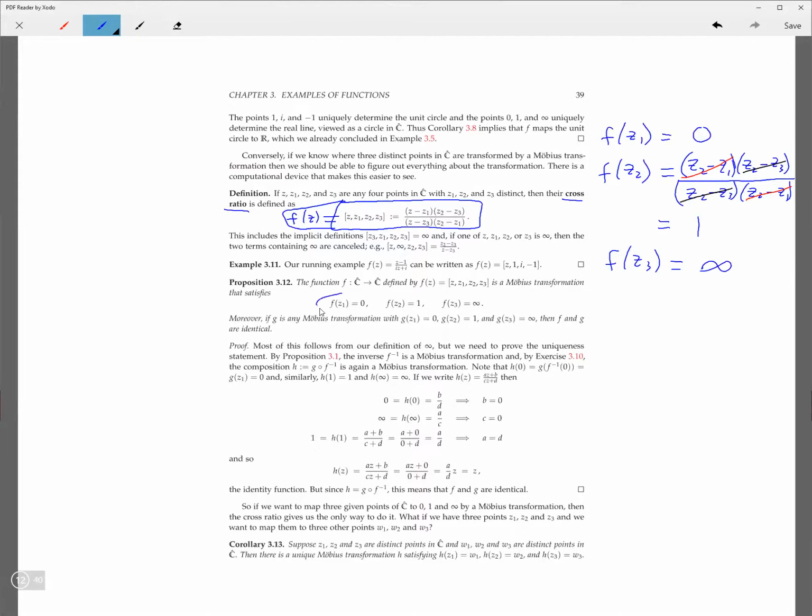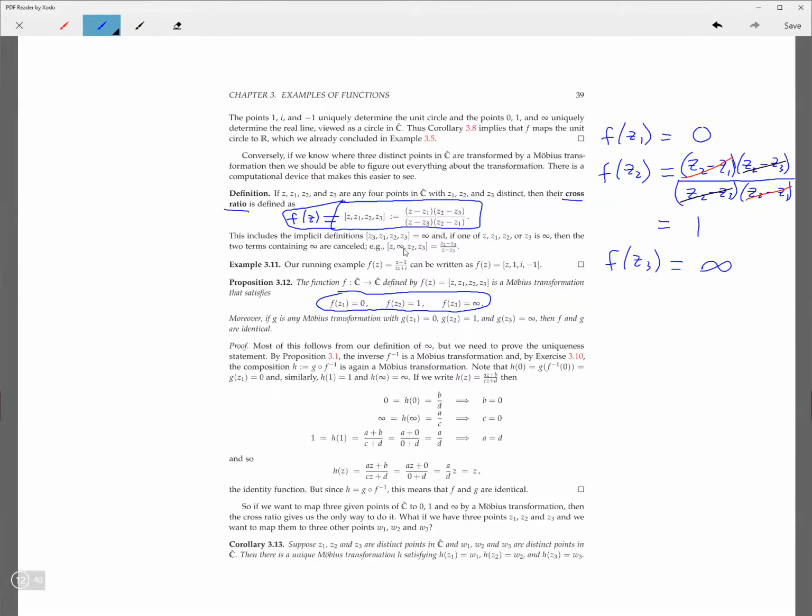So here are the 3 statements like that. That's how that works.